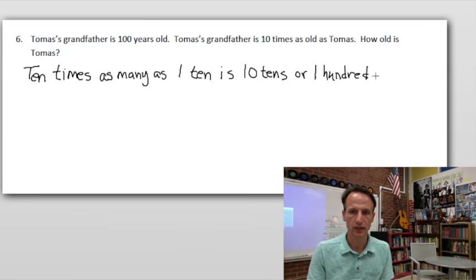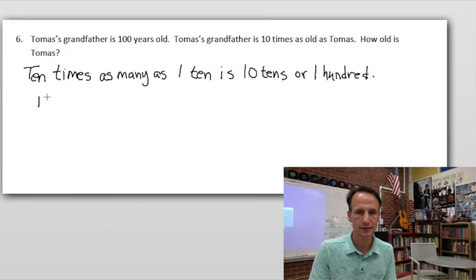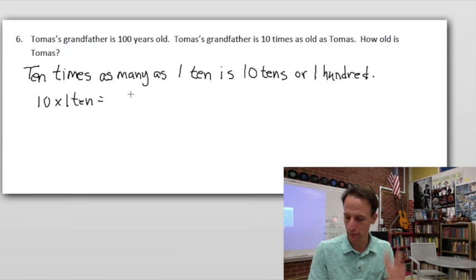And to put this in mathematical terms, the same thing here. I said 10 times what? 10 times 110, right, is equal to, and this is what we're doing back on number 1 even, 10 tens.